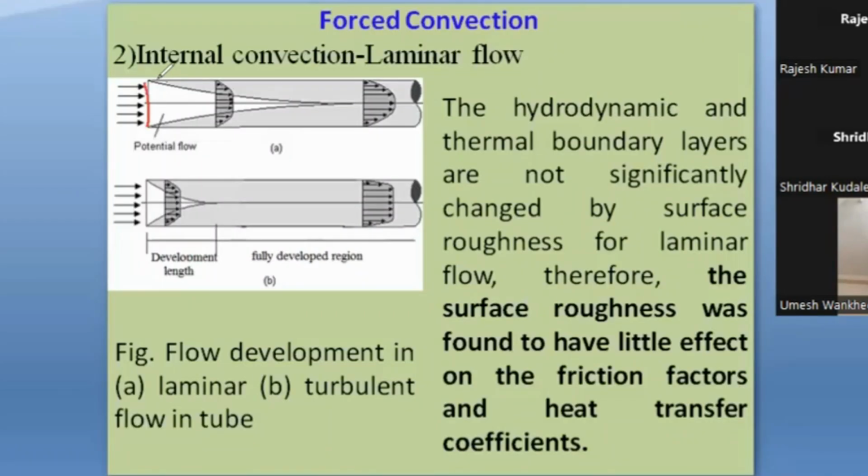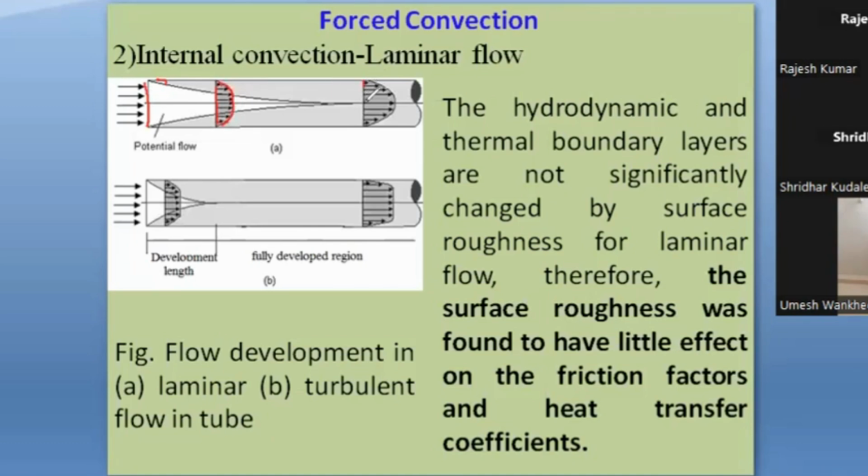The velocity is uniform, but as it enters, near the wall we know the velocity is 0. So the velocity changes from 0 to the velocity with which the fluid is coming. So it slowly forms the velocity profile.